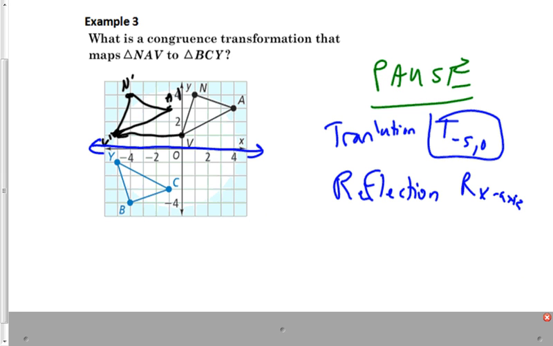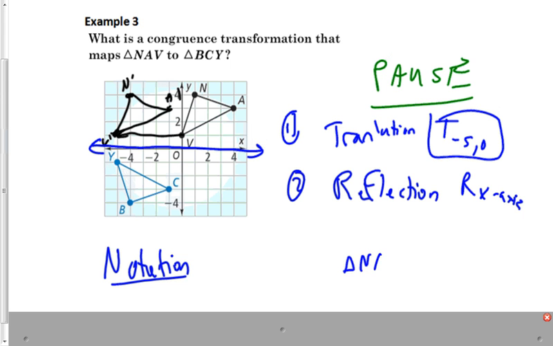So one thing I want to reiterate is the notation. We just said what our first thing was going to be and what our second thing was going to be. So, correct notation for this when you're doing compositions of isometries. Remember, we're translating triangle NAV, and then we want to put our two transformations and say what we're doing for those. So it's weird because remember the first one you do is actually the second thing.